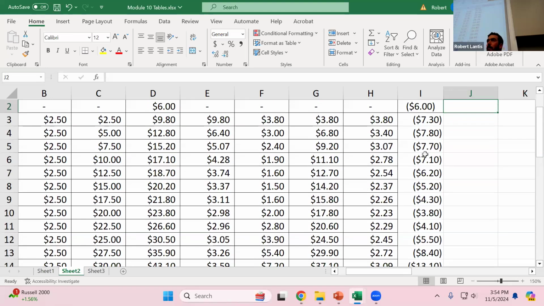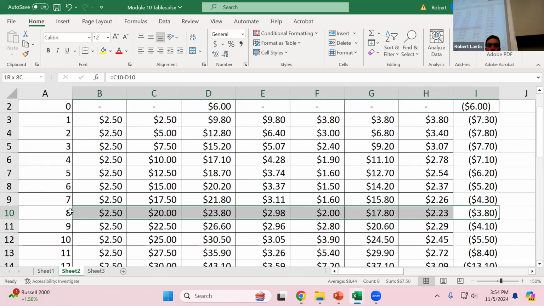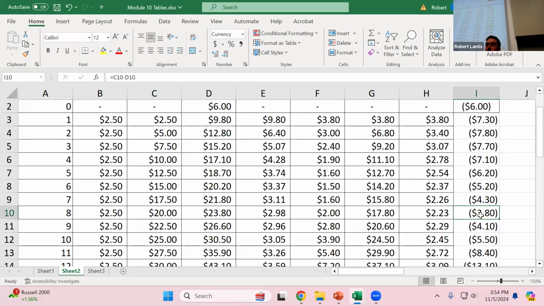So everything's negative. If I'm maximizing profits and everything's negative, I actually want the smallest in magnitude value. That would be right here at this quantity of 10 still, where I've minimized my losses. Another way of saying I'm maximizing profits, if all my profits are negative, I'm minimizing my losses.